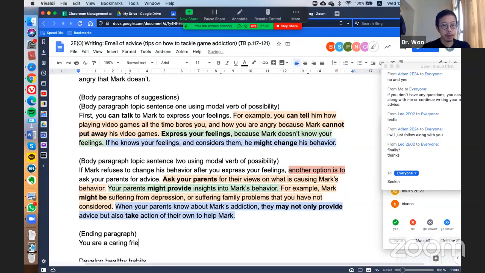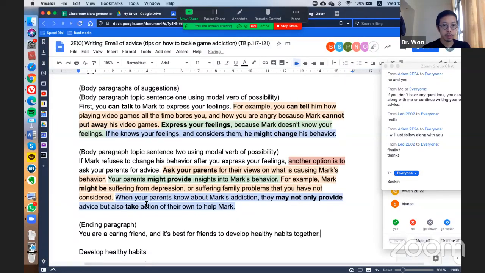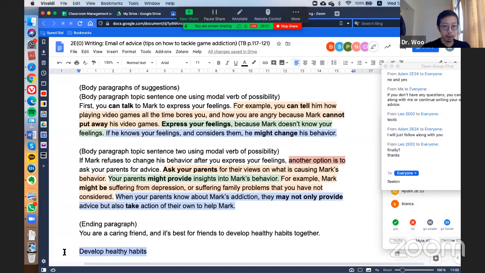You are a caring friend, and it's best for friends to develop healthy habits together, as opposed to being alone.